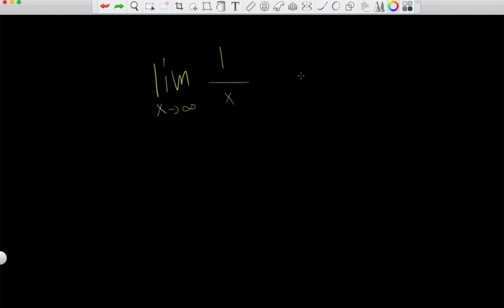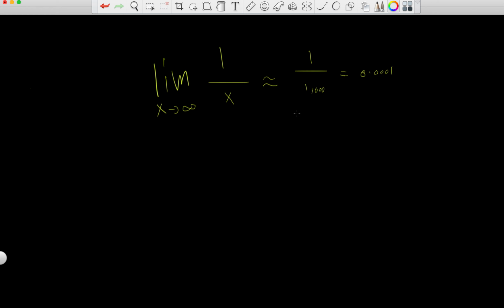in very large numbers. So first let's plug in 1,000. So 1,000 is pretty large, right? So 1 over 1,000. Well, what happens to this? Well, 1 over 1,000, that's 0.001.